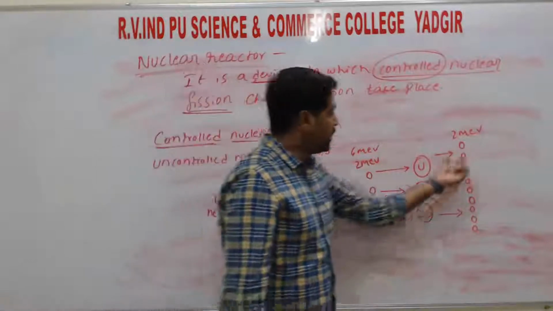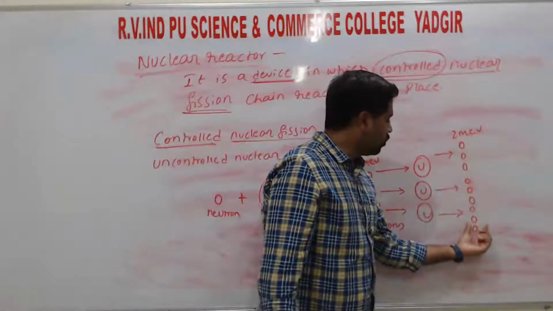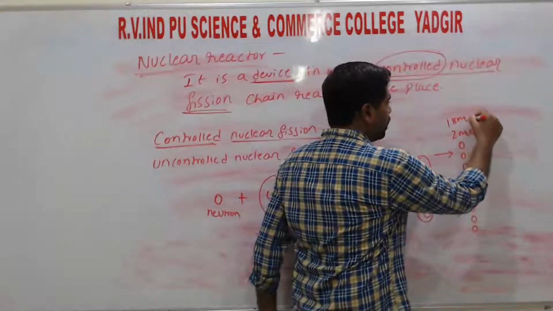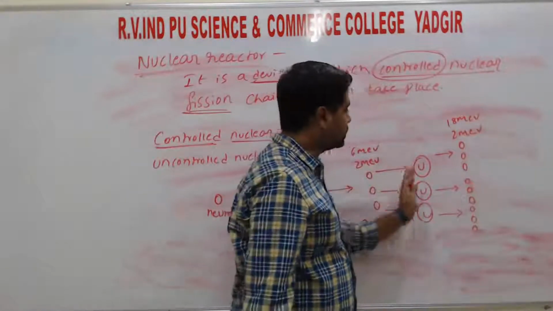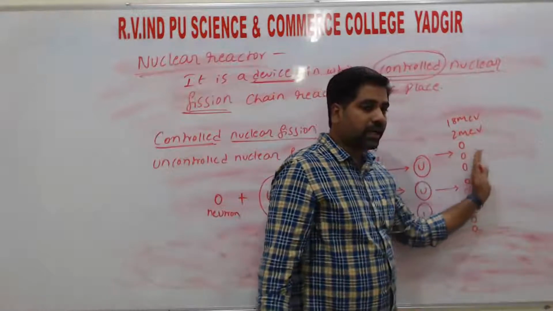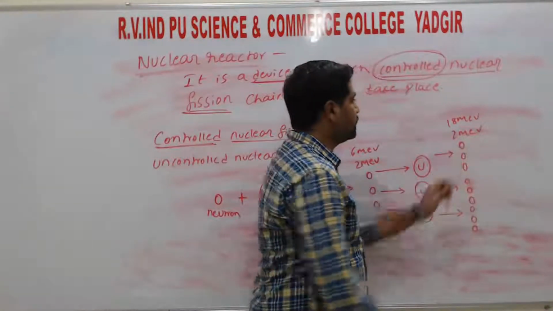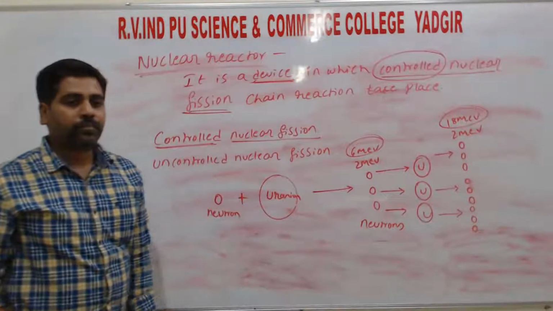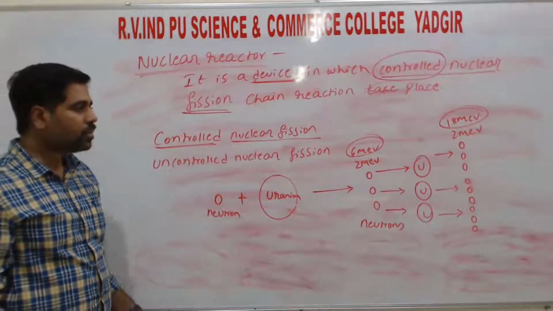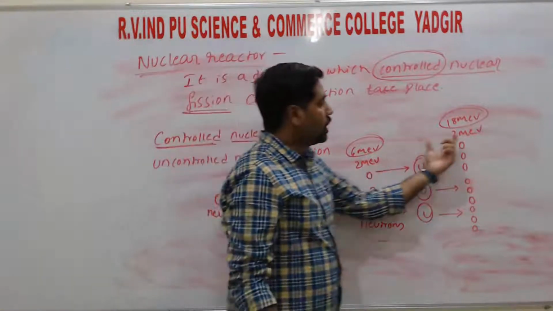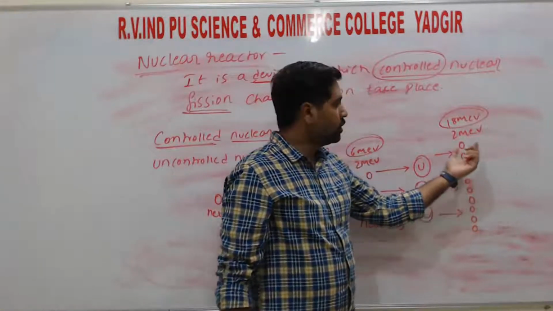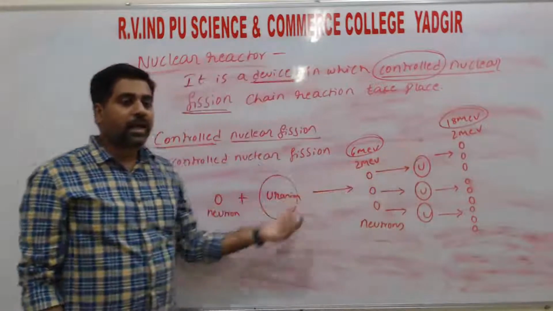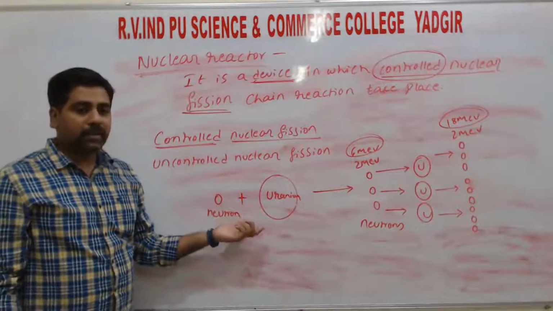Similarly, when the number of neutrons is 9, we get 18 mega electron volt. As the chain reaction goes on continuing, the energy release keeps increasing. This we cannot control, and the release of more energy results in the explosion of the reactor, right?